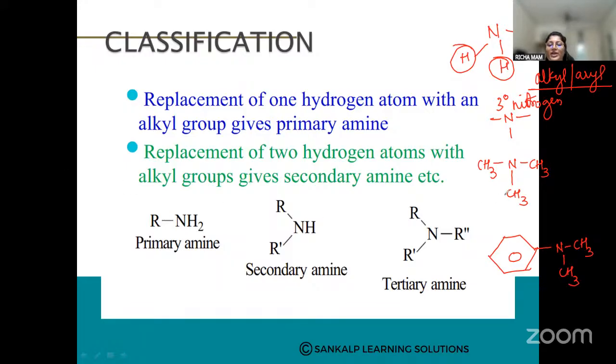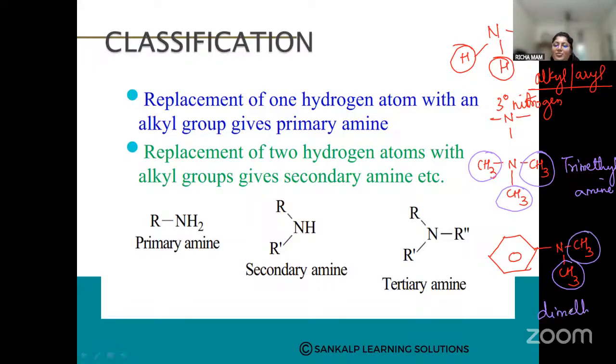There are three methyl groups, so it is trimethylamine. And what is the name of this? It is dimethyl phenylamine. Is it clear? So these are the names.